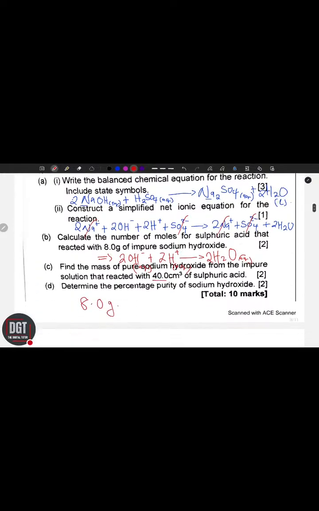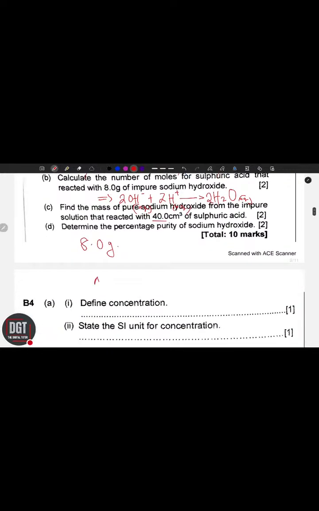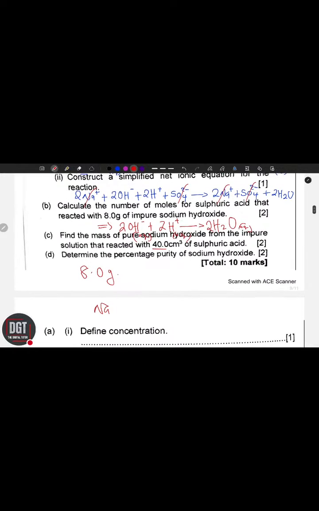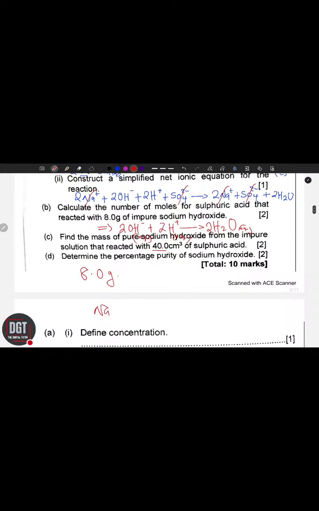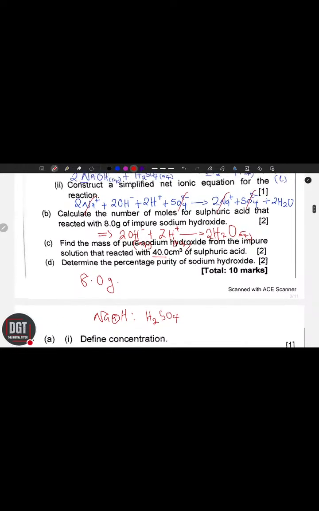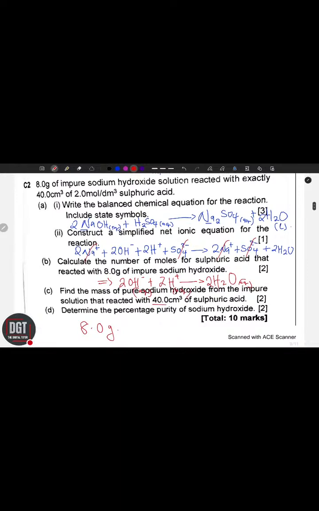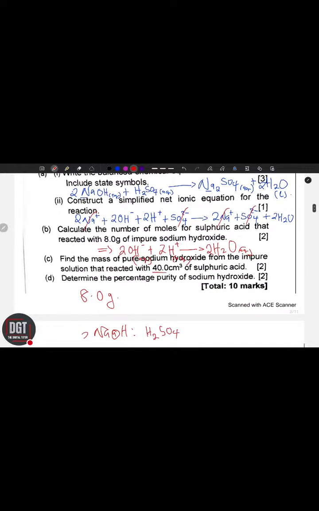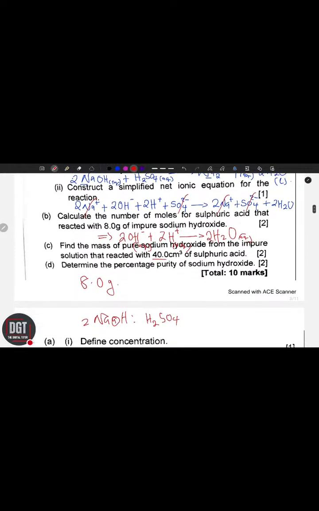So we are going to form the ratio of sodium hydroxide to sulfuric acid. That is the ratio that we are going to form. And as you can see from the equation, in front of sodium hydroxide there's a 2, in front of sulfuric acid there's none.